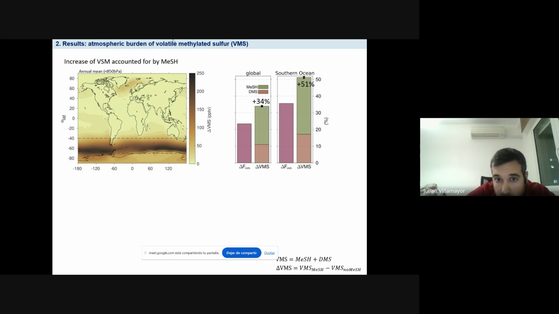When splitting this increase in the budget between methanethiol and DMS, we surprisingly found that even though the DMS emission remained unchanged in one and another simulation, the DMS atmospheric budget was also increased.